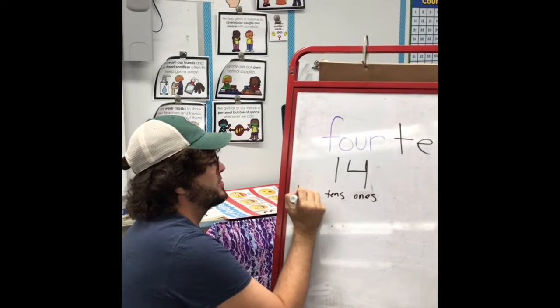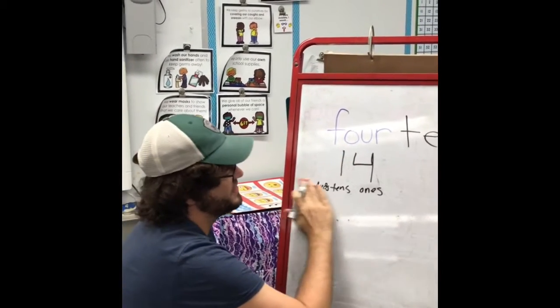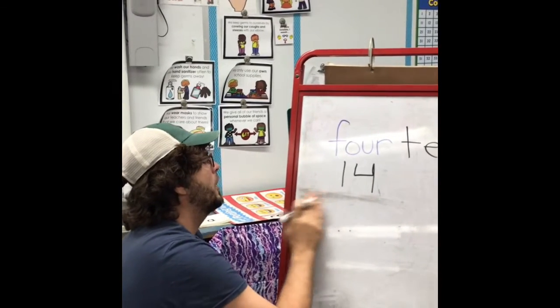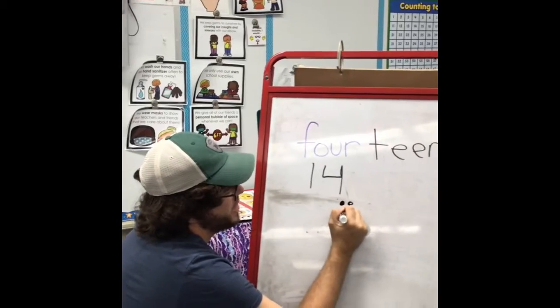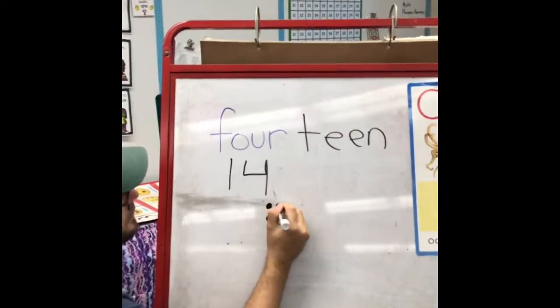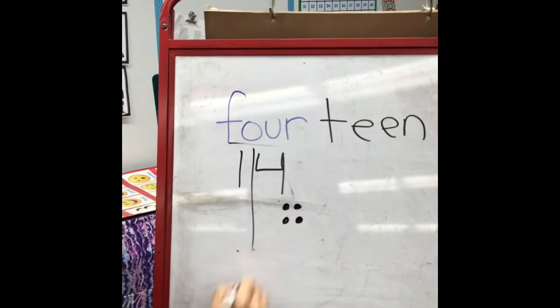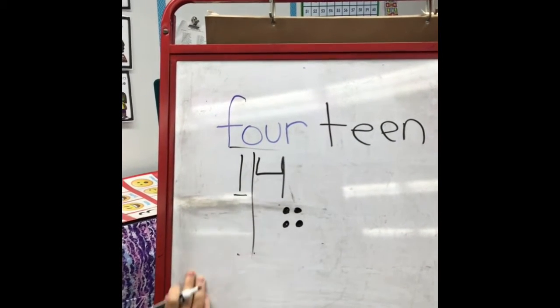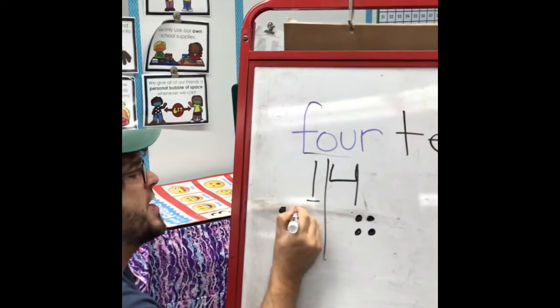Later on, we're going to get into the hundreds place. Those are all going to make more sense as we go. You don't really need to focus on that right now. But it means that we have 4 little dots. And that's this part of the number. And over here, there's one group of tens. So this is a 10.